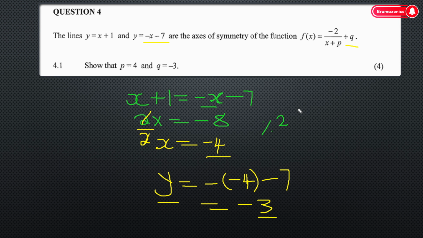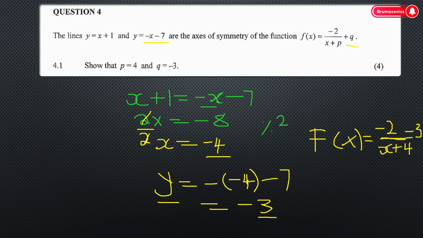And then now you know that your equation will be as follows. f of x is equal to negative 2 all over x, and then the plus of 4, and then the negative 3 here. So that will definitely be the case, minus 3.